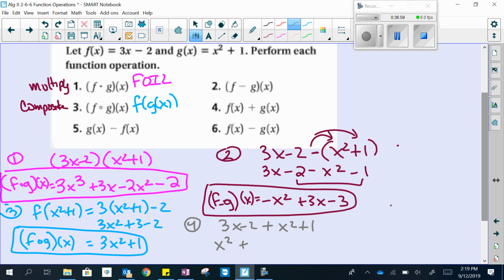And then the 3x doesn't combine with anything, and negative 2 plus 1 is negative 1. So that was f plus g of x. And we have a trinomial. See, trinomial, 3 terms. It's all going to come back to you. You would maybe do 3x plus x squared minus 1. Is that right? Yeah. All right.